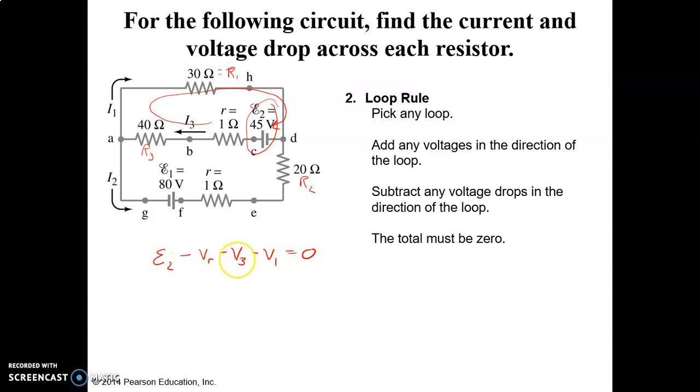Now, we're going to simplify this equation a little bit by using Ohm's law, which says that V equals IR. So the voltage drop across your internal resistance would be I3 times little r. Your voltage drop across resistor 3 would be I3R3, and the voltage drop across resistor 1 would be I1R1.